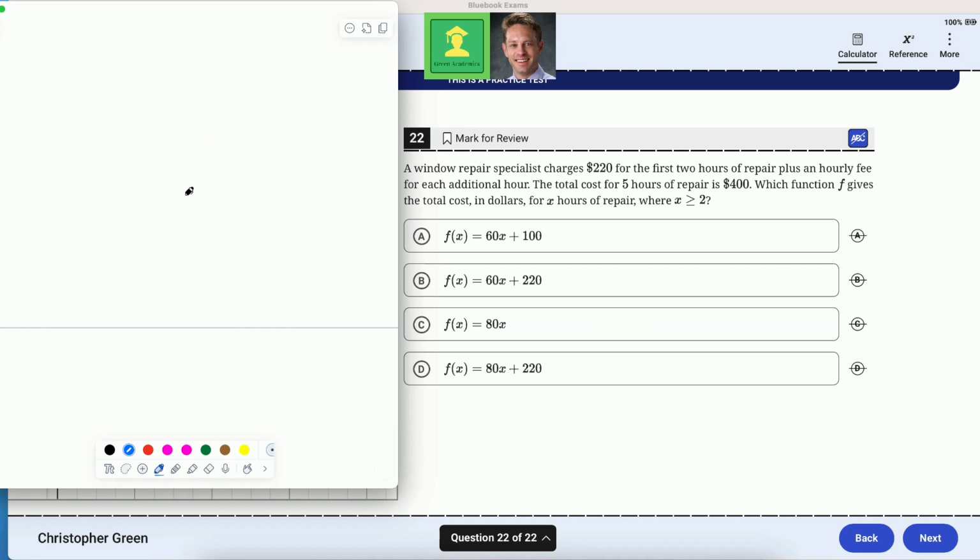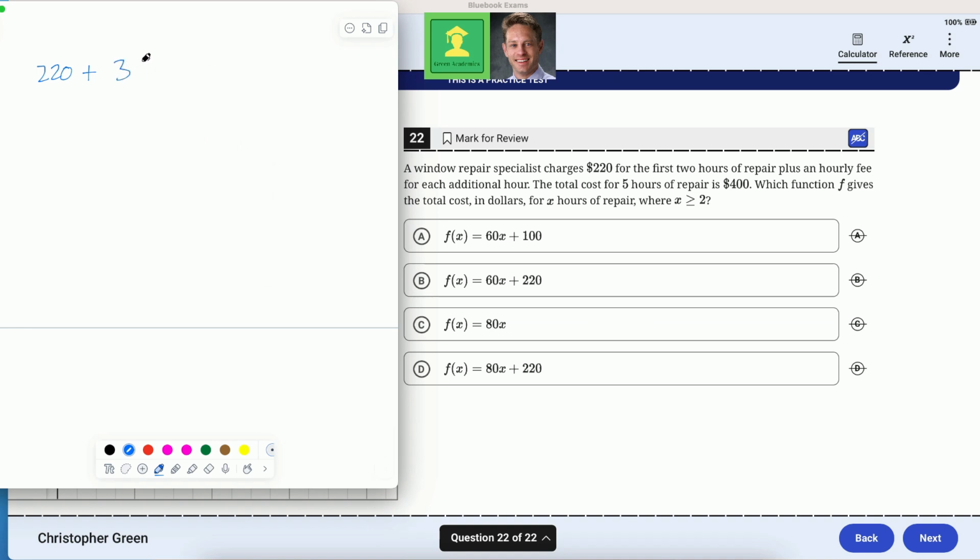Well, a lot of people are accidentally inclined to say it's 220 plus something, but I'm guessing it's actually not that. 220 for the first 2 hours plus an hourly fee for each additional hour, which means 220 is the first 2 hours, then each additional hour, if you're getting to 5, is 3 times something.